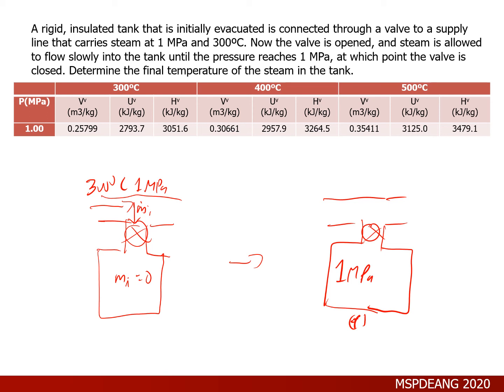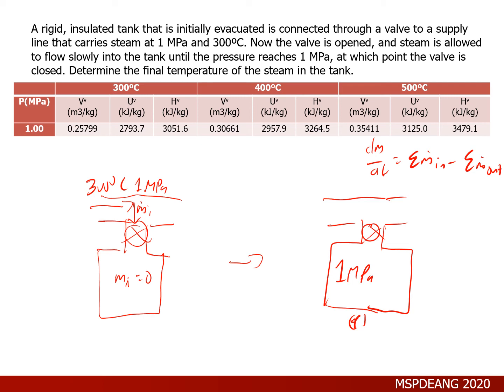So with this, determine the final temperature of steam in the tank. The problem seems so simple. So let's start with the mass balance expression. So using mass balance, dm over dt is equal to summation of m dot in minus summation of m dot out.